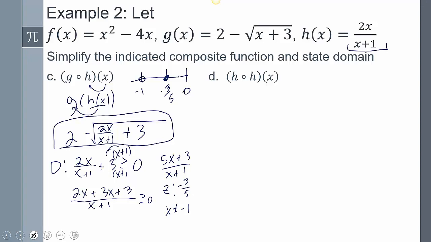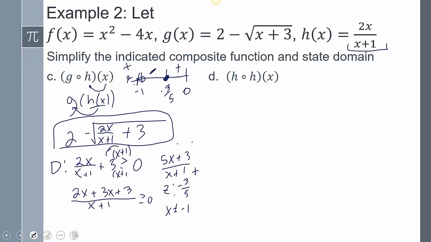Okay, so now that I have those values on the number line, I've got to plug in values. If I plug in negative 2, that's going to give me a negative and a negative, so that's going to be a positive. If I plug in a value between negative 1 and negative 3/5, like negative 4/5, that's going to give me a positive on the bottom, but a negative on the top, so that's going to be negative. And if I plug in 0, that's going to give me a positive.